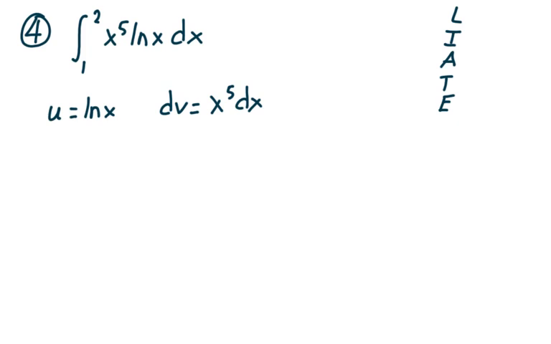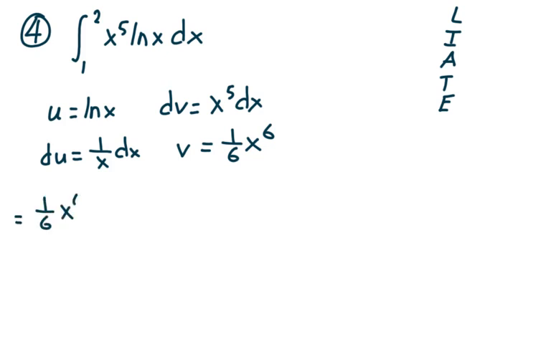Now, from here, du is 1 over x dx. My v is 1/6 x to the 6th. So this is 1/6 x to the 6th natural log of x evaluated from 1 to 2. So I want to see that vertical bar. This is when we do integration by parts.